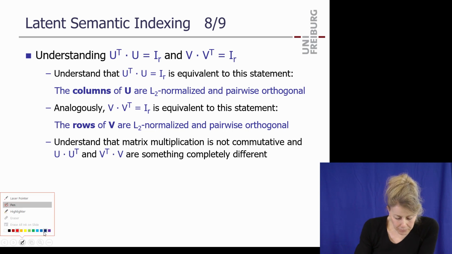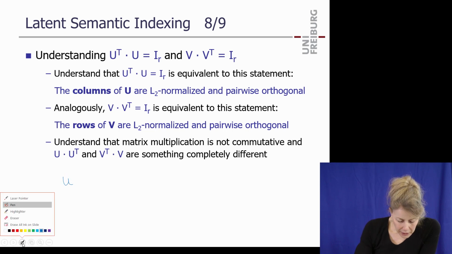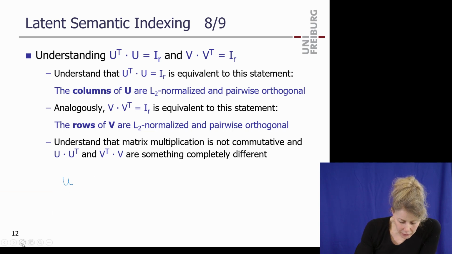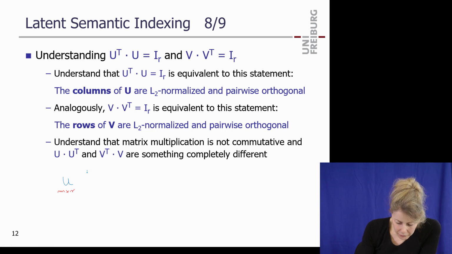If I have my matrix U here, and I look at the columns, it's an M times R matrix, so M rows, R columns. Let me write it symbolically like this. So it has these R columns, 1, 2, up to R.